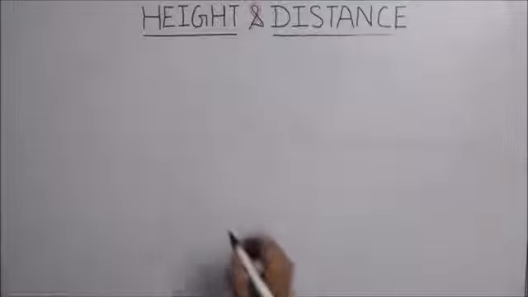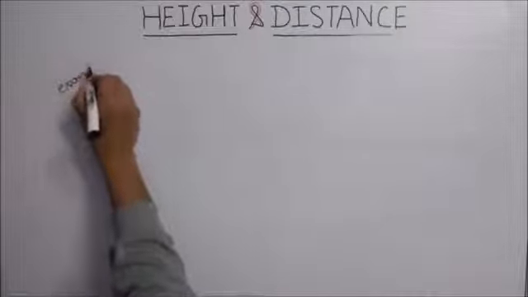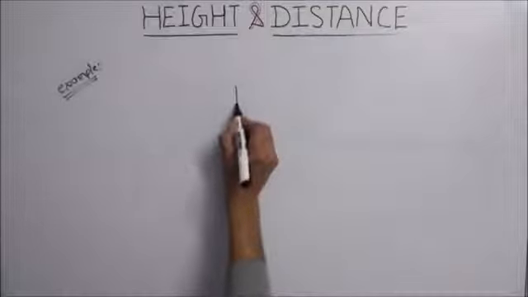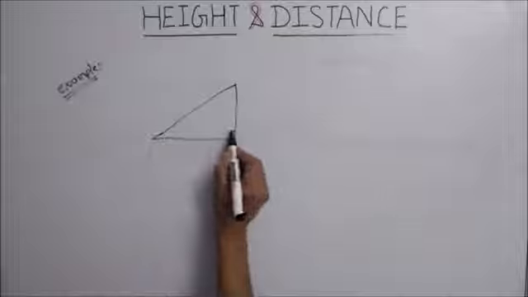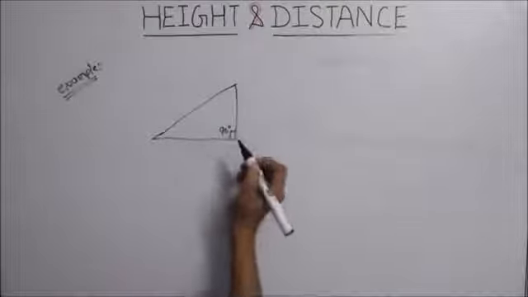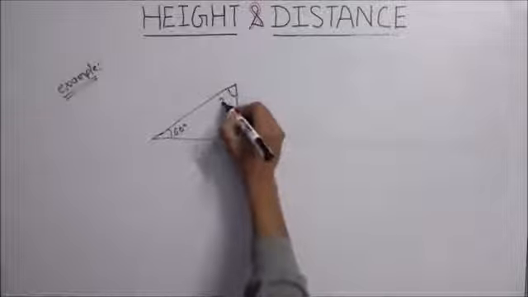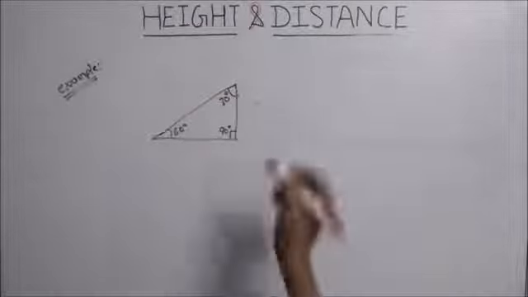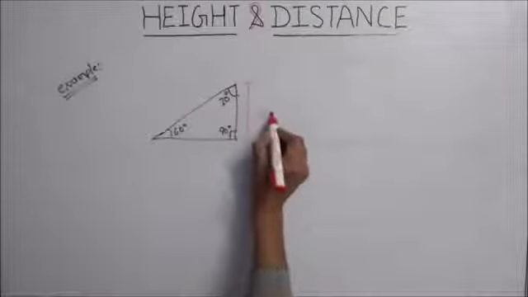Now we solve one more example. When you solve the question and the diagram you draw is like one angle is 90, this one is 60, and this one is 30 degree. Again, this is the tree or the pillar of height h centimeter.